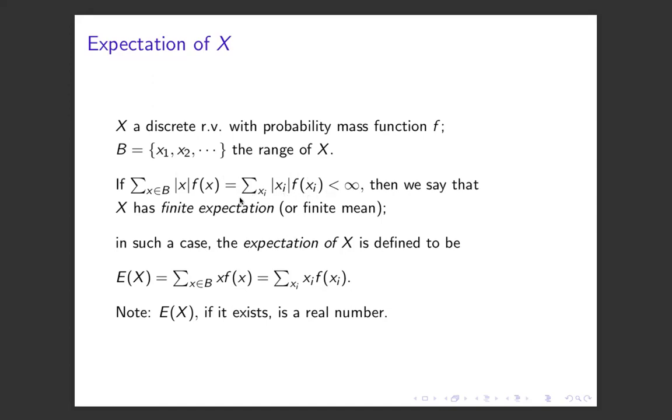So this is a countable sum. If this converges, then one says the random variable X has finite expectation, or equivalently finite mean. And in that case, the expectation of X is defined to be this sum without the mod. If the expectation of X exists, then it is a real number. All these things you know already.